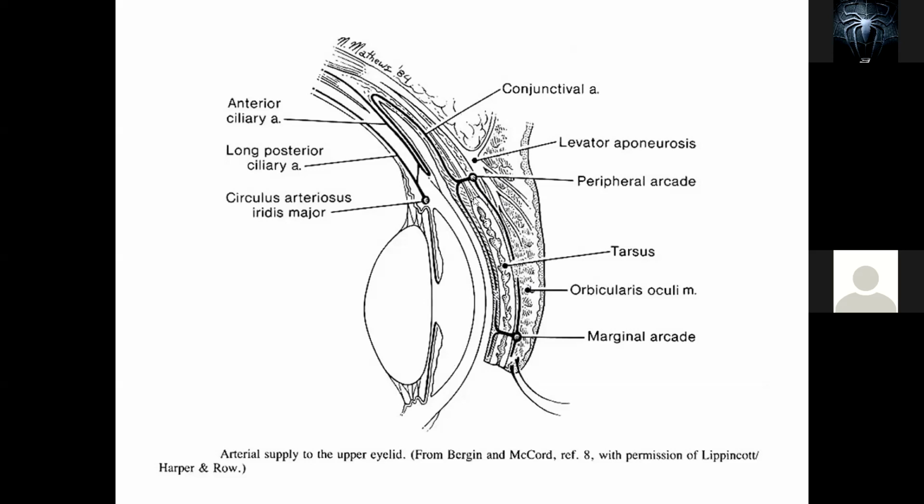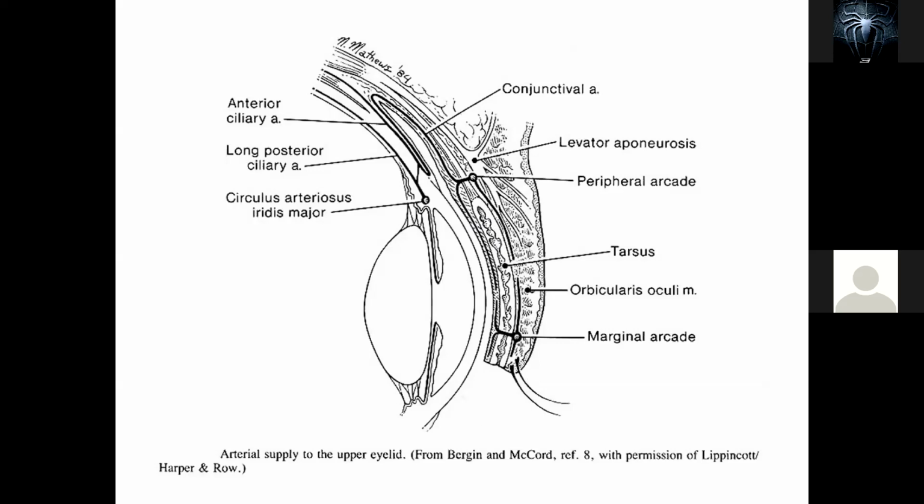And then we have the tarsus here, which marks the beginning of the posterior lamella. We've said that the retractor muscles are attached to the tarsus. And we can see here our orbicularis muscle, as we mentioned.